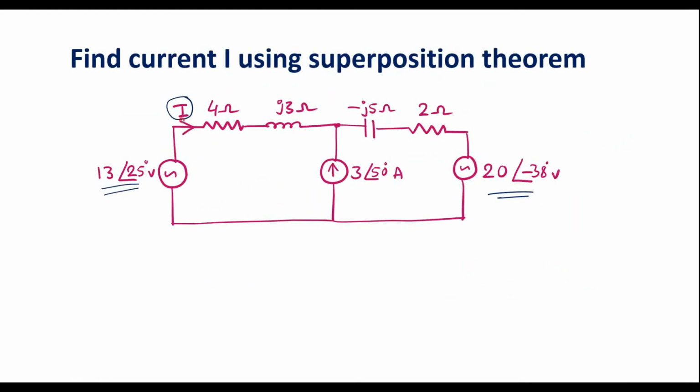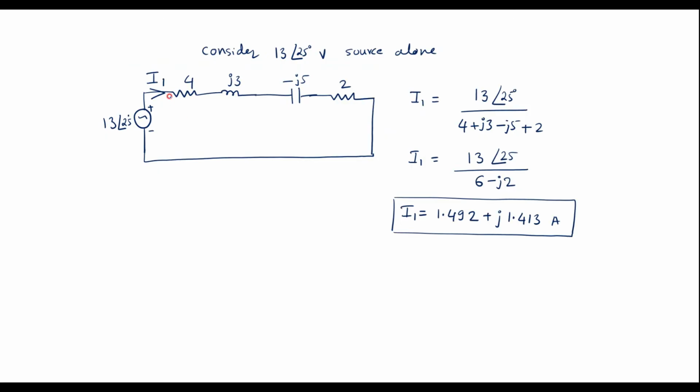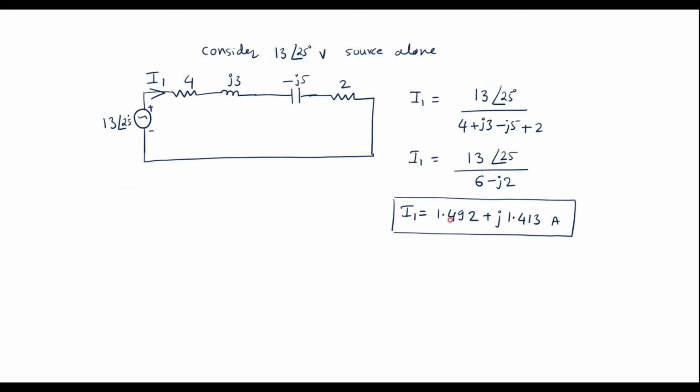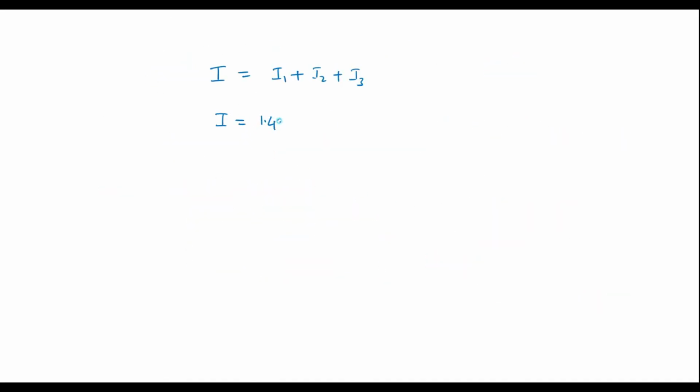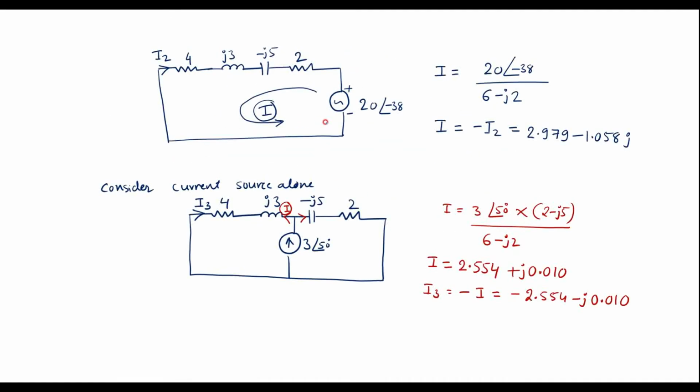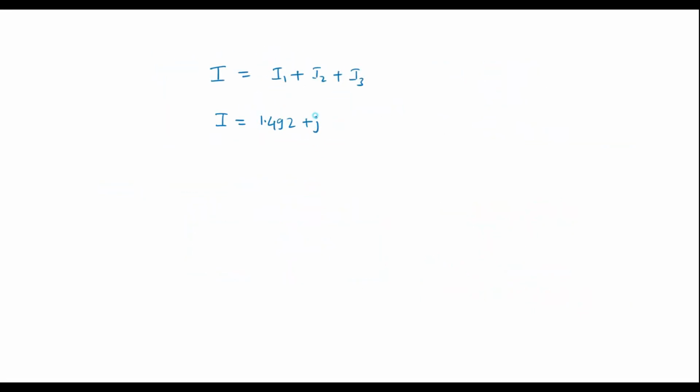So now the total current I is equal to I1 plus I2 plus I3. The I1 value is 1.492 plus J 1.413.